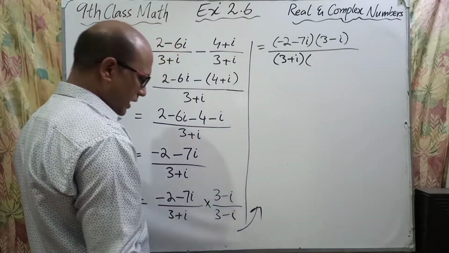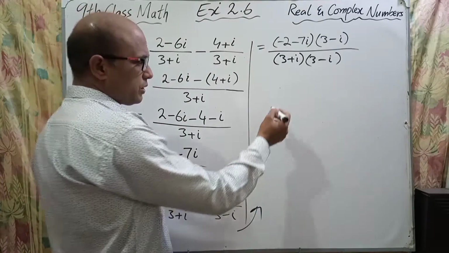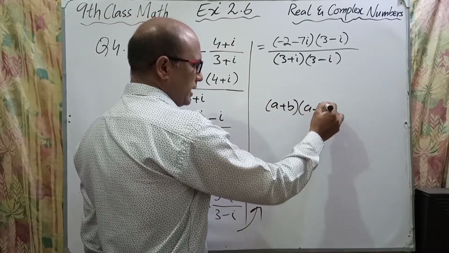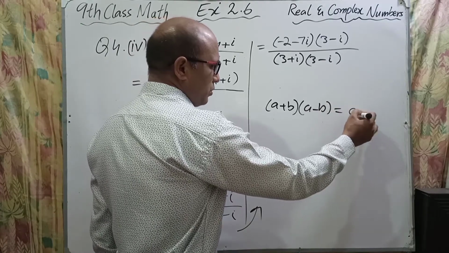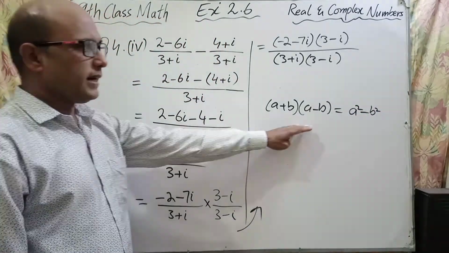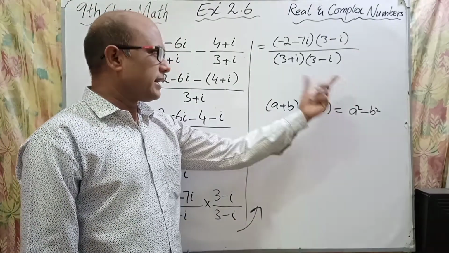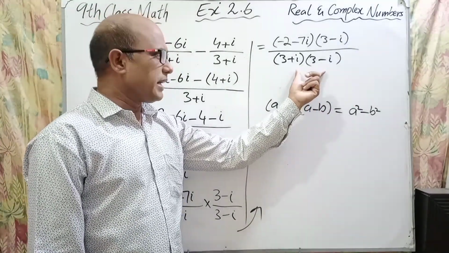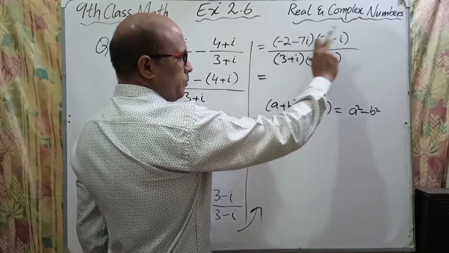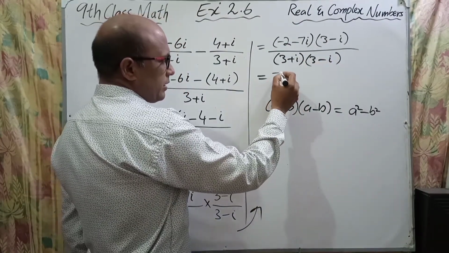You know the formula, students. I will remind you the formula. (a plus b) into (a minus b) is equal to a square minus b square. So this formula will be applied on the denominator. So first of all, we'll simplify the numerator.